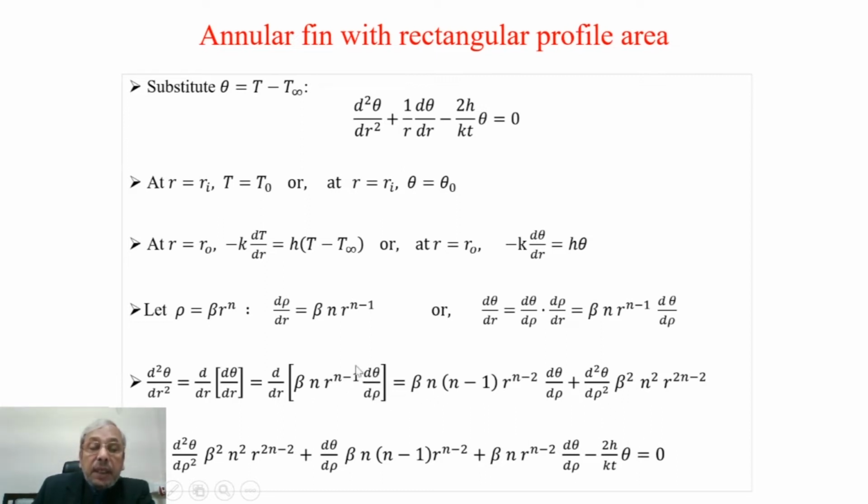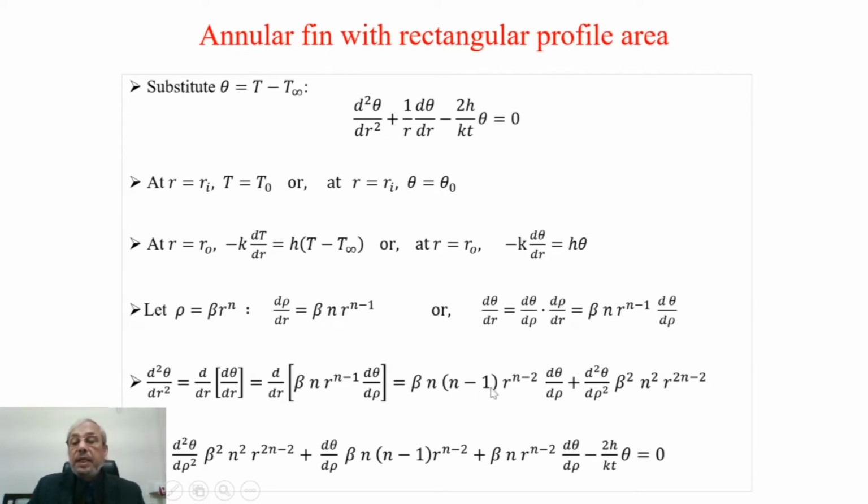And obviously, once we differentiate this quantity, we get beta n (n minus 1) r to the power n minus 2 d theta by d rho, and then d2 theta by d rho2. Again, when we differentiate that, we get this beta squared n squared r to the power 2n minus 2.